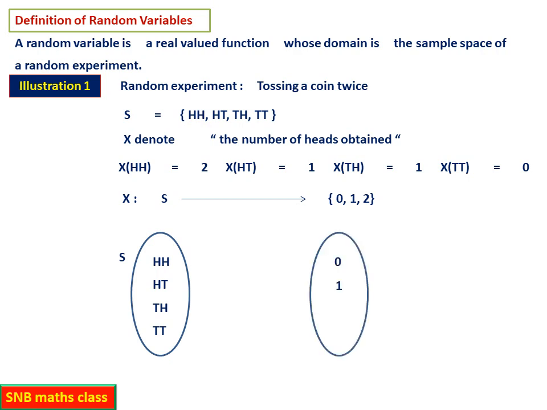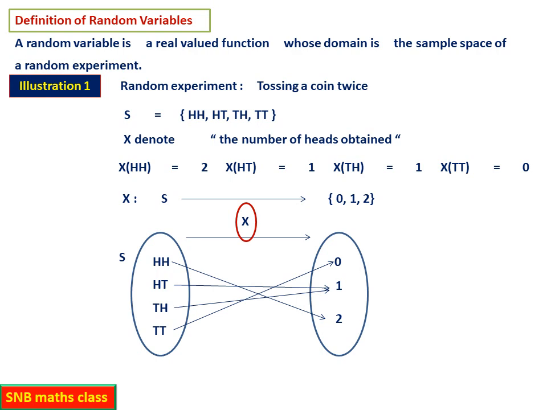Then the second set consists of 0, 1 and 2 only. Now you see X is a function. HH goes to 2 because X of HH is 2. Similarly, HT goes to 1 because X of HT is 1. Similarly, TH goes to 1 because X of TH is also 1. And TT goes to 0 because X of TT is 0.